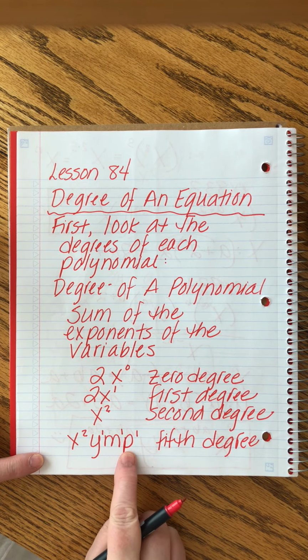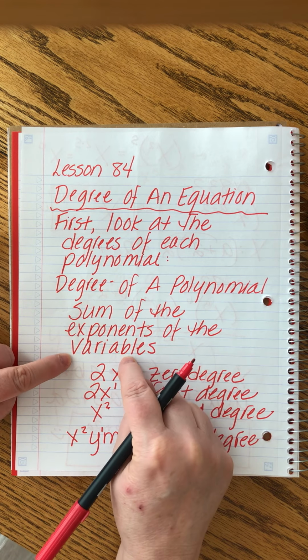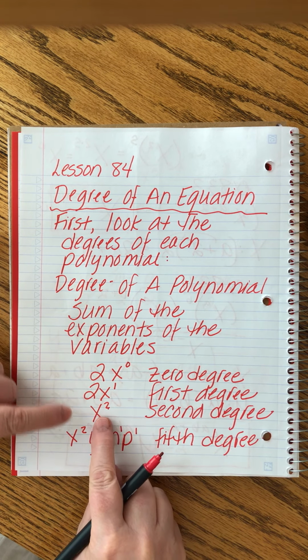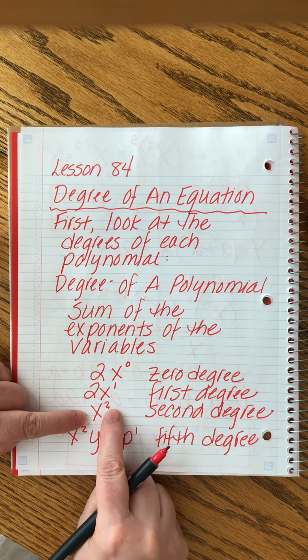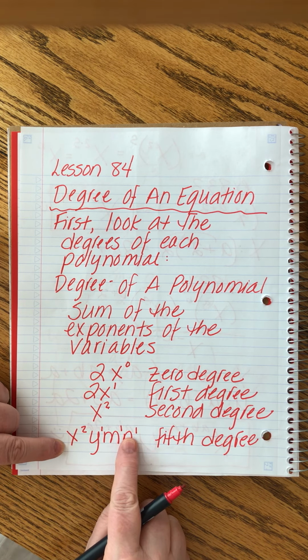But if there's more than one letter, we add those all up. That's what this means, the sum of the exponents of the variables. Okay? It's easiest when we only have one variable, because it's just there looking at us. But if we have more than one variable, we have to add them all up. All right?